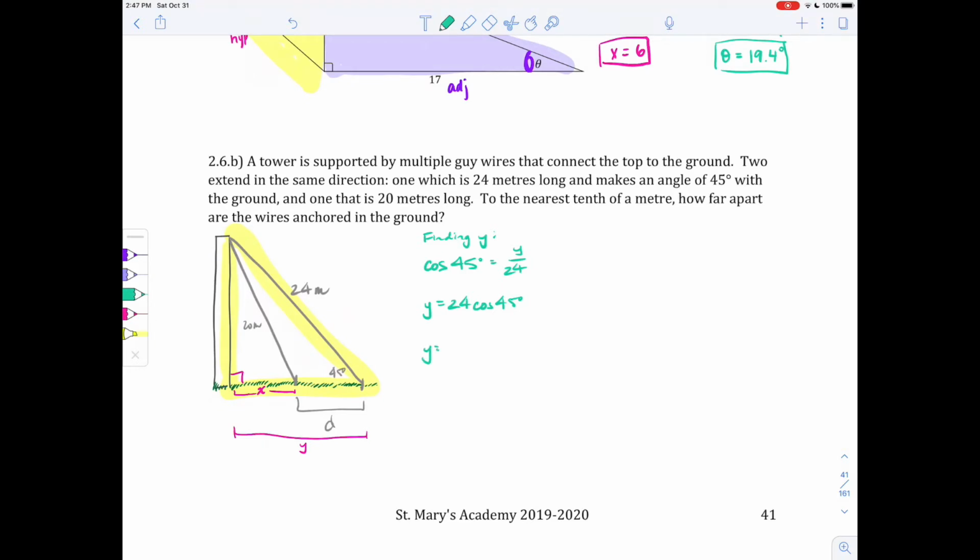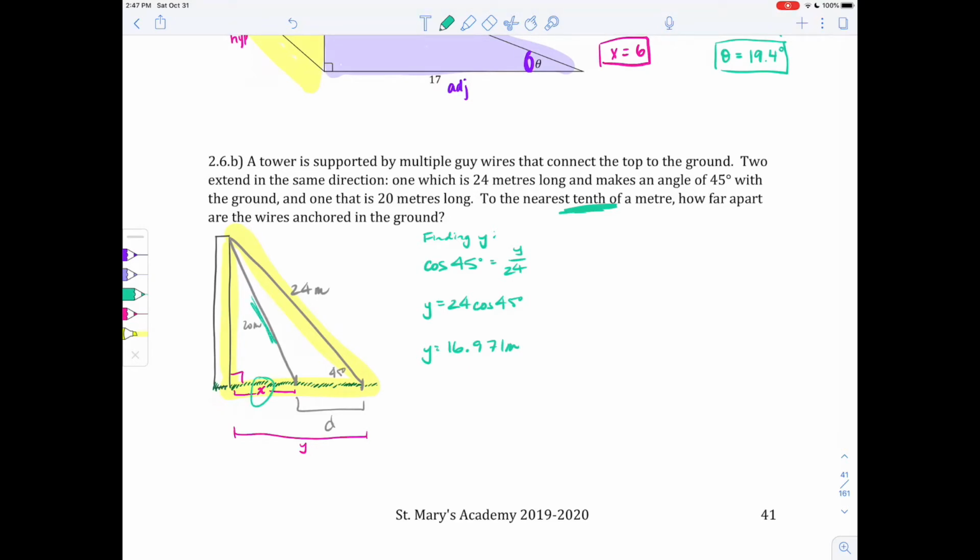And according to some quick mental maths, that's about 16.971 meters. I know we only need to go to the nearest tenth in the end result, but to make sure I'm actually accurate to the nearest tenth, I'm going a couple extra here. That's that business. Complete.